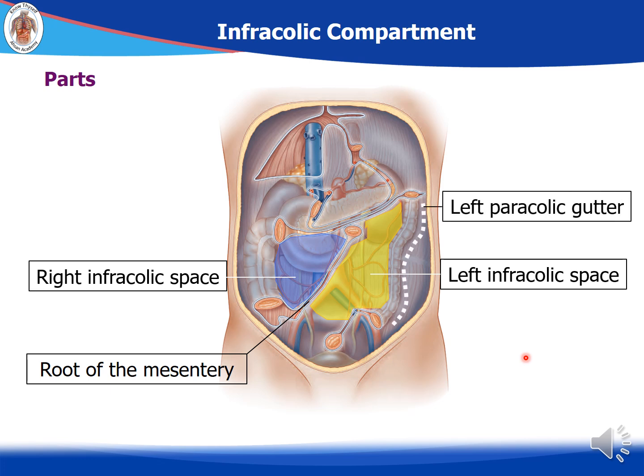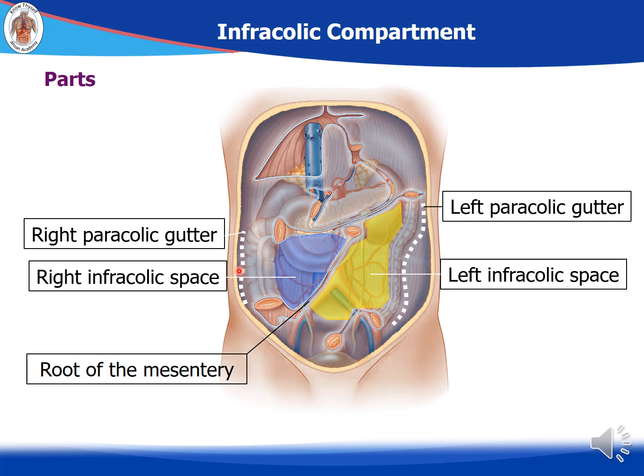This is the descending colon. So the descending colon has a gutter, a drain, on its lateral side. This is the left paracolic gutter. A similar gutter is there on the right side. This is the right paracolic gutter.